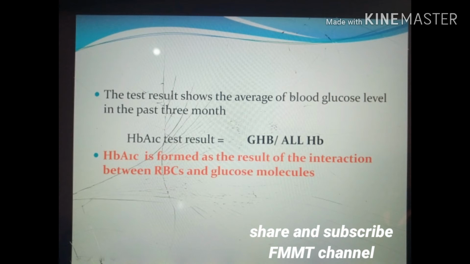So how can you give the average of blood glucose level of the past 3 months? Actually, your HbA1c test result is equal to glycated Hb divided by total Hb. Okay, so simply you will divide glycated form of Hb by total Hb, and that will give you the result of blood glucose level in the past 3 months.